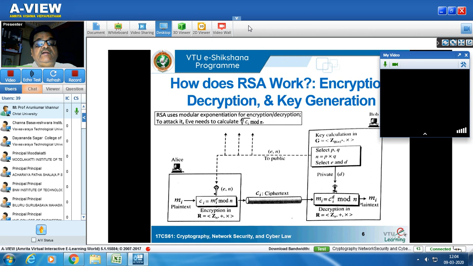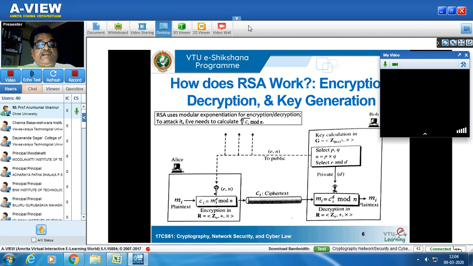When we try to send the message P, this message P is split into many blocks like M1, M2, M3. We are considering the block Mi in the plain text. This block Mi will be converted into digital form, a combination of 0s and 1s of fixed length.